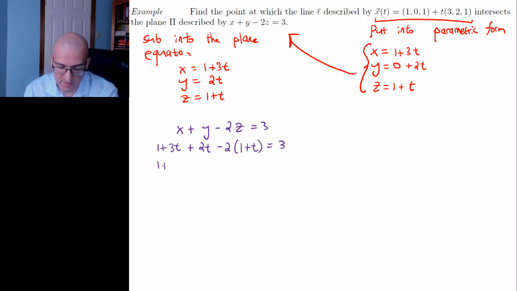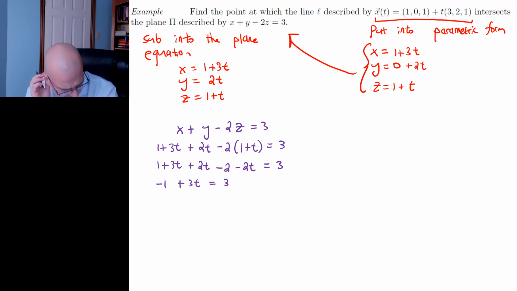Let's see what happens. 1 plus 3t plus 2t minus 2 minus 2t is equal to 3. We have to collect like terms, so the constants can all be collected together. 1 minus 2, I have a negative 1 on that side. And then 3t plus 2t, 5t minus 2t back to 3t equals 3.